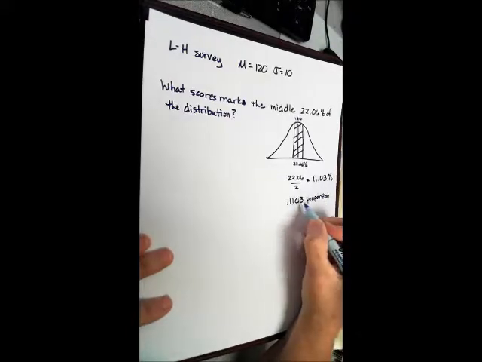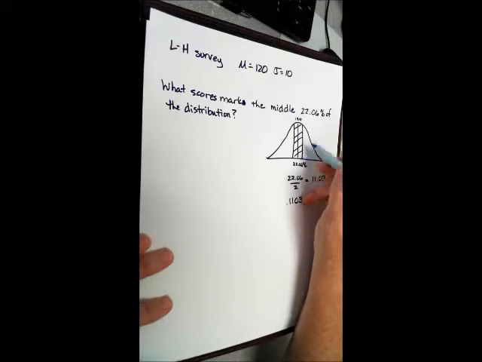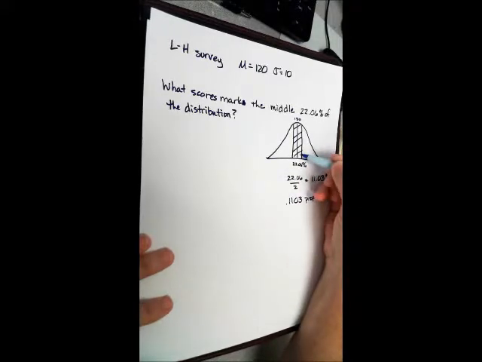Now remember, this is the proportion that's on either side of this. 11.03% or 0.1103 proportion on that side, 0.1103 proportion on that side. What you really have is the mean to z that you're going to look for that proportion in the column that says mean to z.